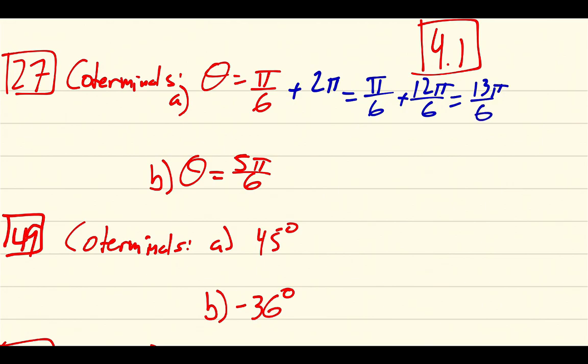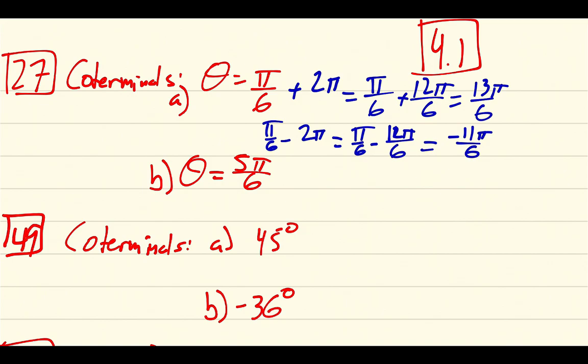The other option to find another coterminal angle, so like on a test, maybe hypothetically you'd be asked to find a positive and a negative version of a coterminal angle. Maybe you can do pi over 6 minus 2 pi, which would be pi over 6 minus 12 pi over 6, which would give us negative 11 pi over 6.